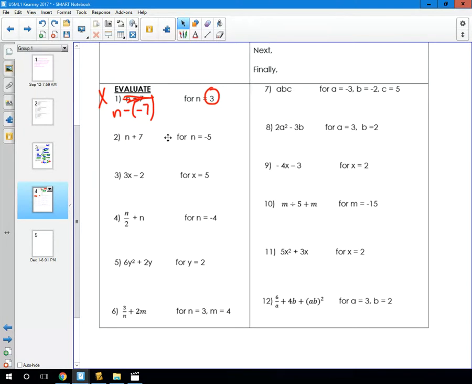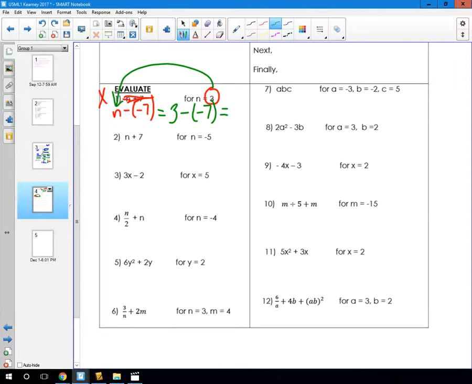And so if we take 3 and we plug it in for n, we're going to rewrite this and put 3 minus negative 7. And then we're just going to use order of operations and simplify. 3 minus negative 7. Remember, minus a negative changes to plus a positive. So that would be 3 plus 7, which is 10. Okay? So for each of these, you're going to take that value, plug it in, and then use order of operations to simplify.